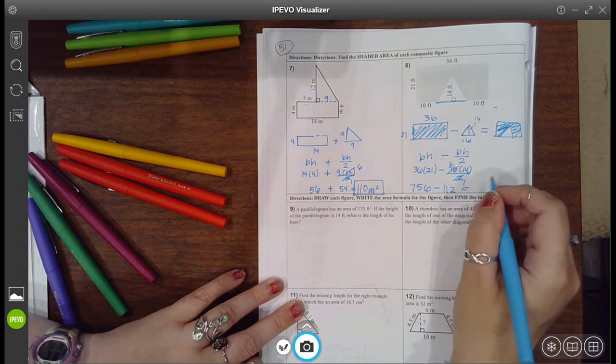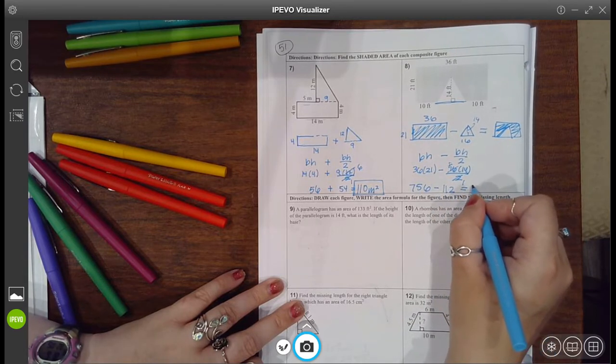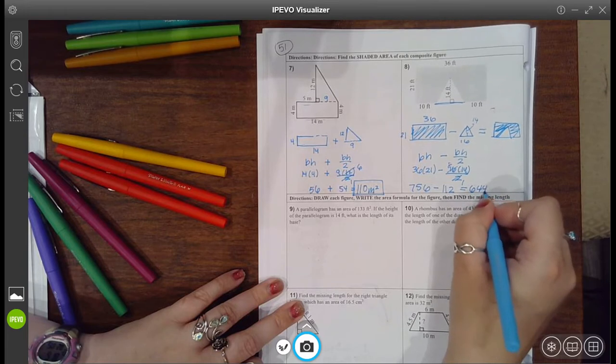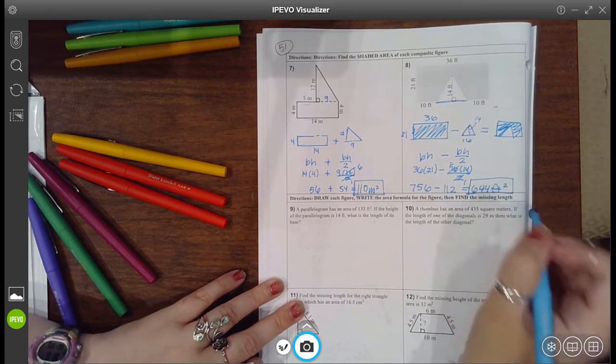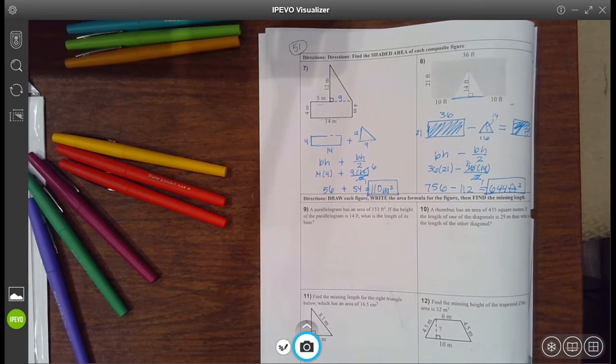Subtract that from 756, and you get 644 feet squared.